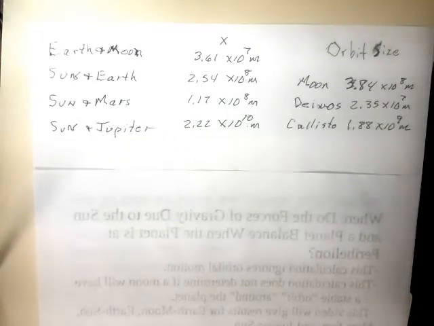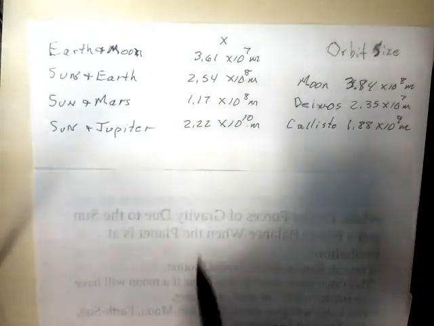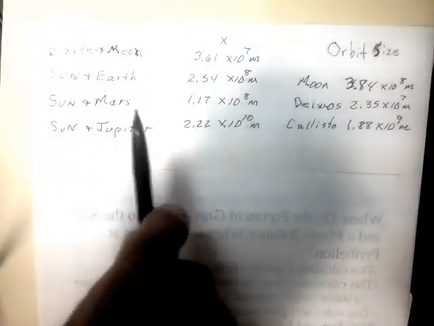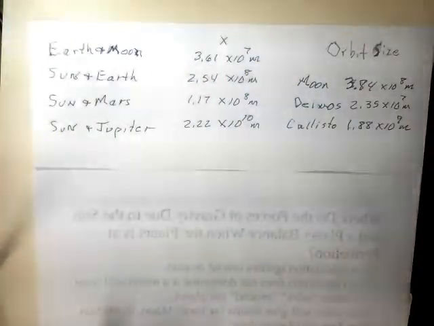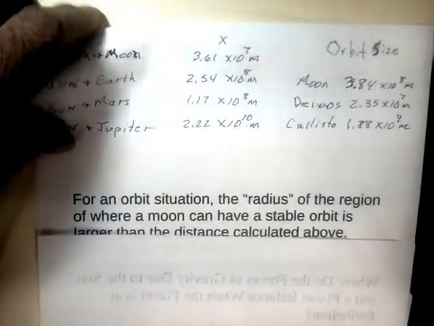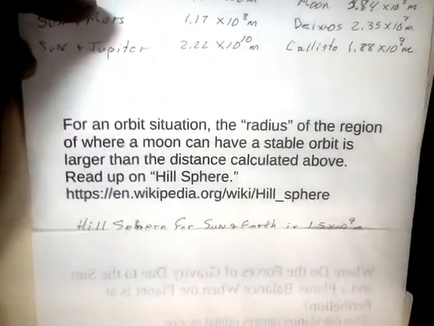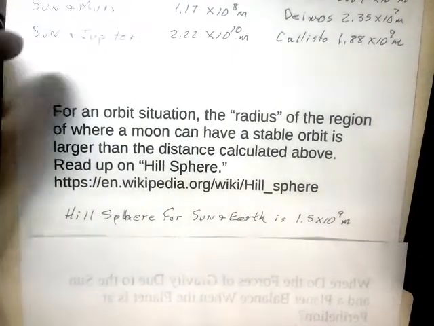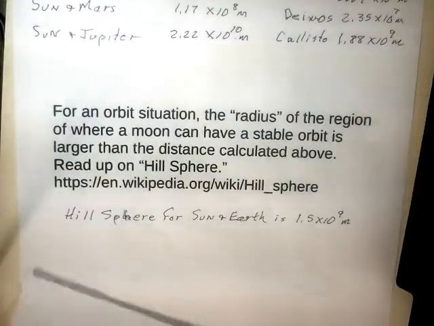So how can that be? Well, this calculation here involves just a static situation, just a calculation of the position where the forces of gravity balance. I'd encourage you to read up on what's called the Hill sphere. In Wikipedia, there's a readable article regarding the Hill sphere.